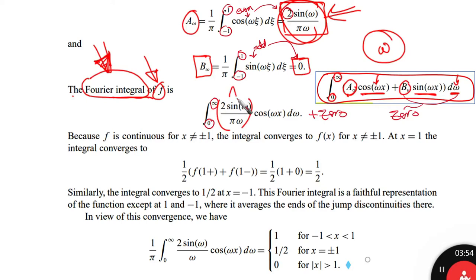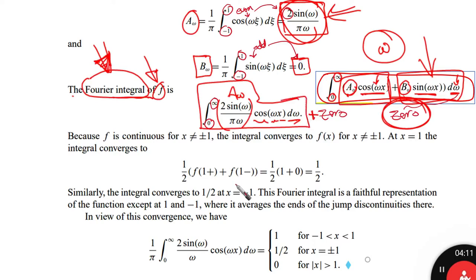This is a omega times cosine omega x d omega, the first term. And the second term is going to be exactly 0. So we are going to end up with this part only, right?